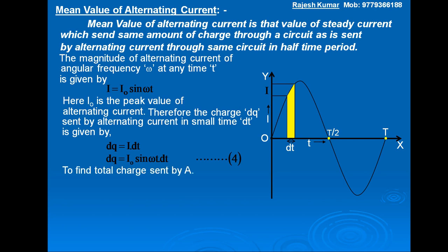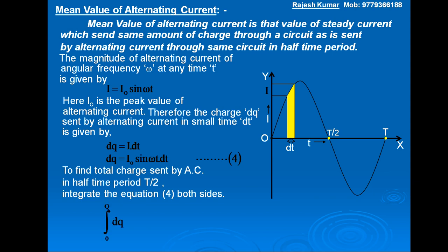To find the total charge sent by AC in half time period, T by 2, integrate the equation on both sides. So we get the integration of dq from 0 to capital Q is equal to the integration from 0 to T by 2 of I naught sine omega t with respect to t.